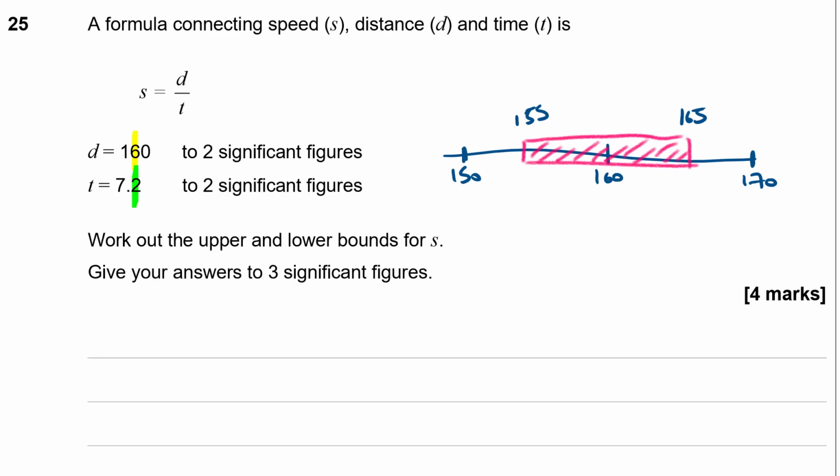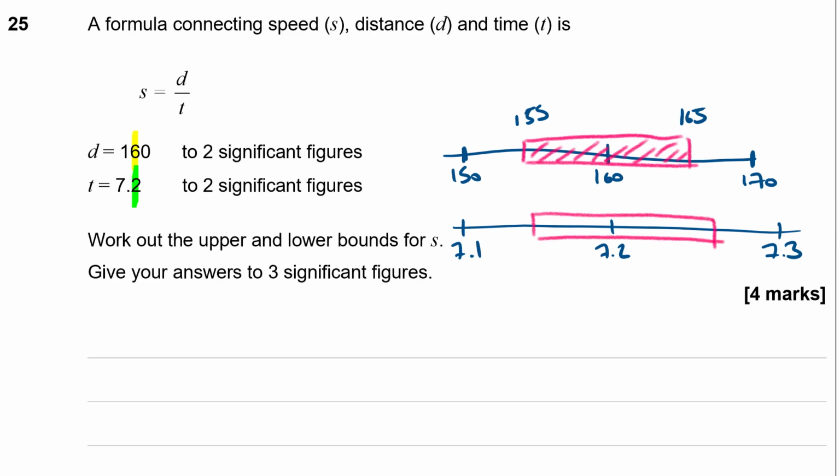Now if I do a similar sort of thing, if I draw a number line and I mark 7.2 and I mark either side of that the possible next 2 marks on my scale, so 7.1 and 7.3, we should be able to see that the numbers that round to 7.2 start at 7.15 and go up to 7.25. And all the numbers in between round to 7.2.